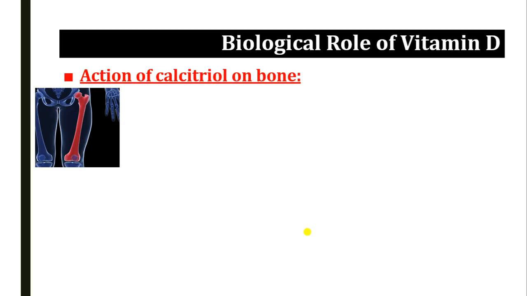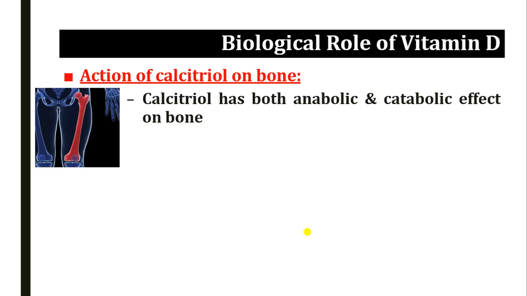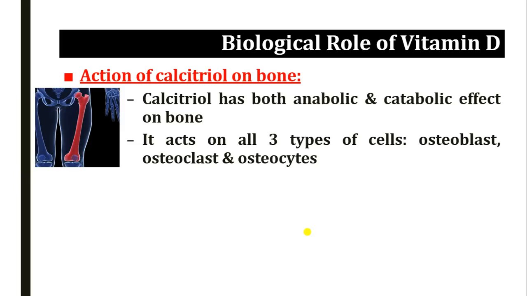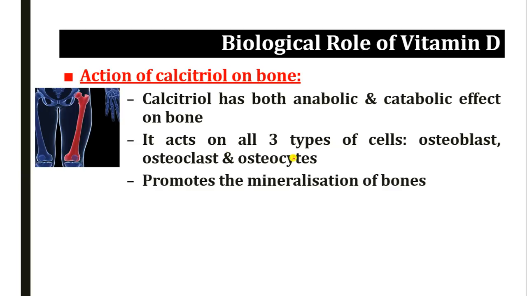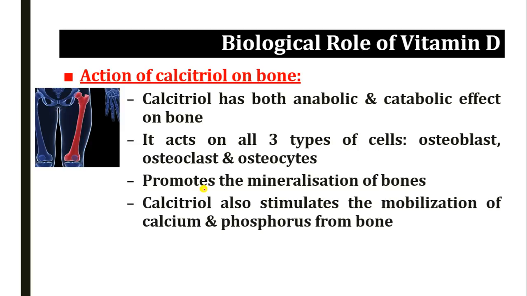Now we'll see the action of calcitriol on bone. Calcitriol has both an anabolic as well as catabolic effect on the bone. It mainly acts on three types of cells of bone, that is osteoblast, osteoclast, and the osteocytes. It usually causes remodeling of bone. For that, sometimes it promotes the mineralization of bone if it is needed, or it also stimulates the mobilization of calcium and phosphorus from the bone.